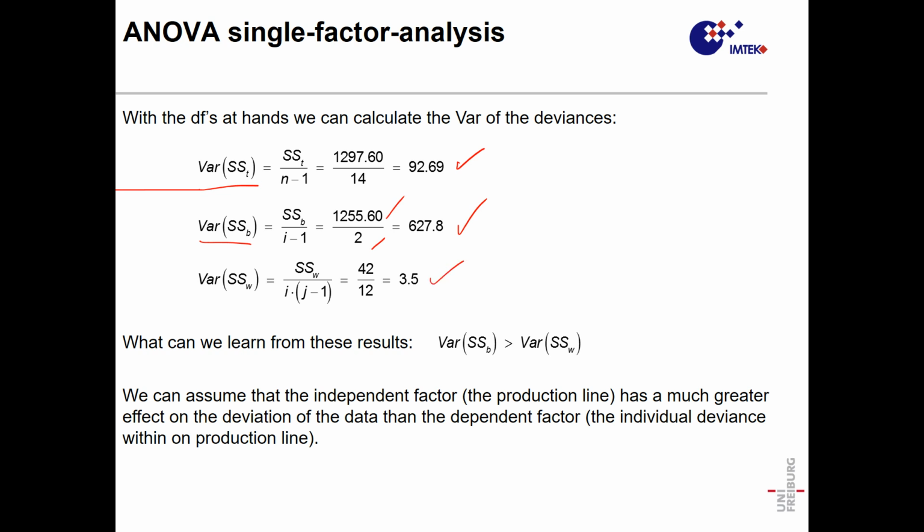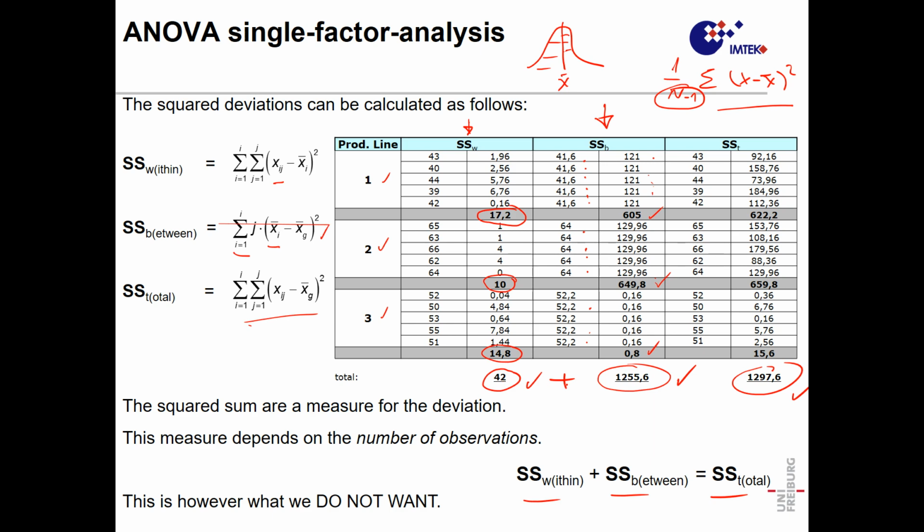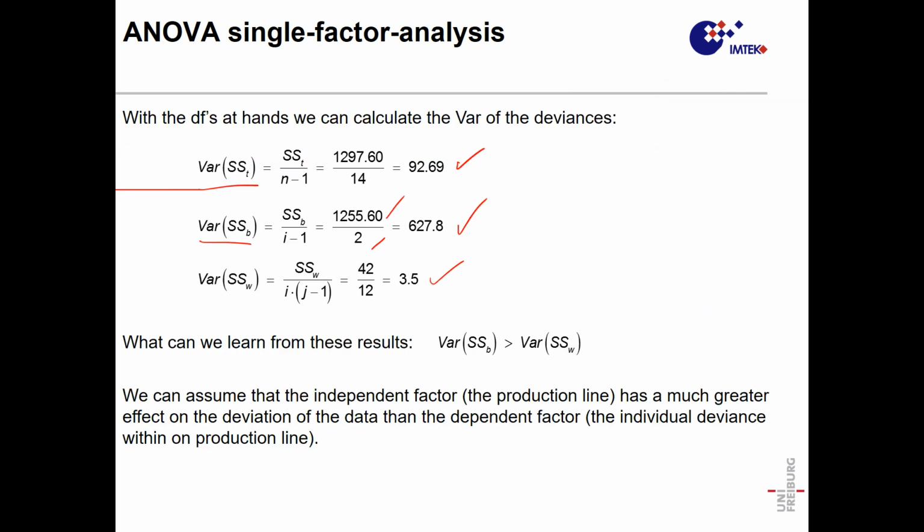Okay, so now you can see, now it's scaled to our problem. We came from 42 and 1,255 to 3.5 to 327. So still, it looks like the variability within is much smaller than the variability between.